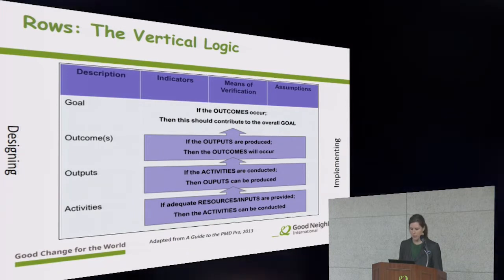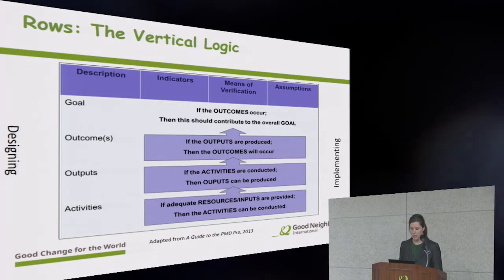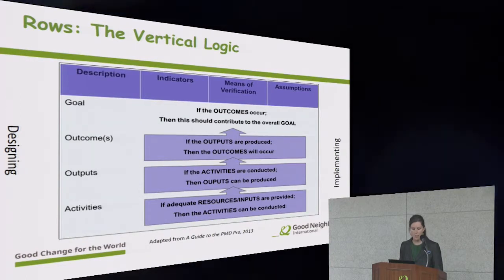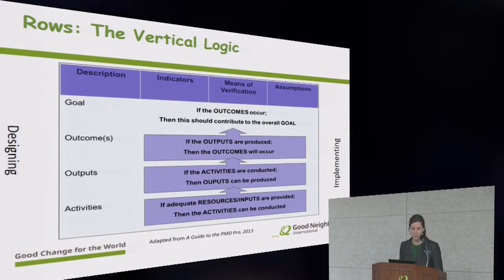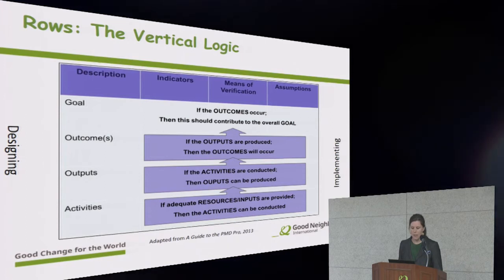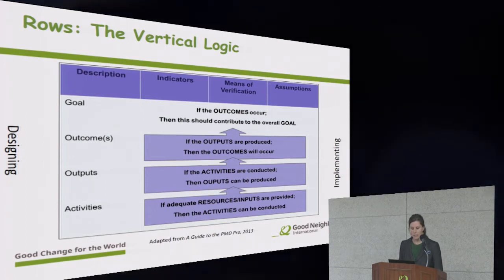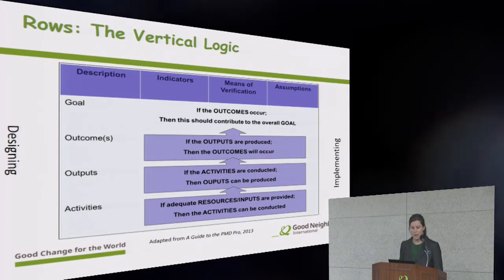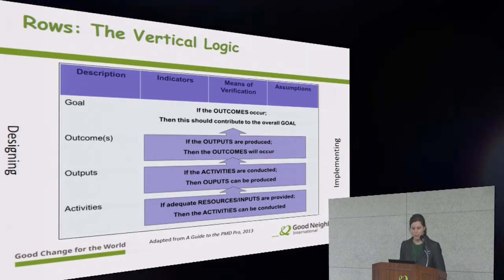So each relationship can be described with if-then statements, as we see here. So if adequate resources are provided, then the activities can be conducted. If the activities are conducted, then the outputs can be produced. If the outputs are produced, then the outcomes will occur.